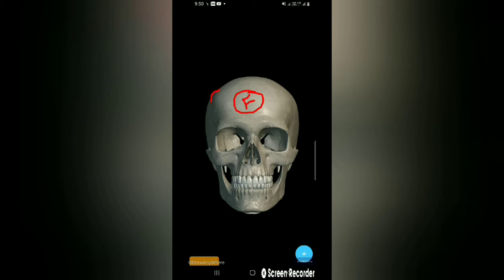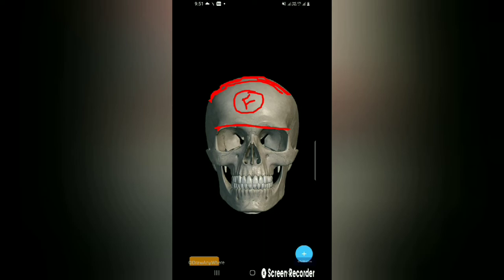See, this one is the upper part of frontal bone, which is seen from the Norma Frontalis, and this one is the lower part. So the upper part is smooth and convex, but the lower part is irregular and is interrupted by the orbits and by the interior bony aperture of the nose.